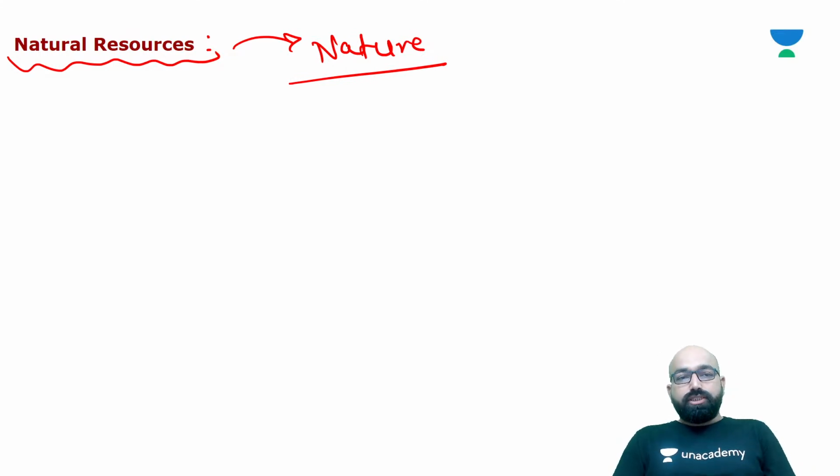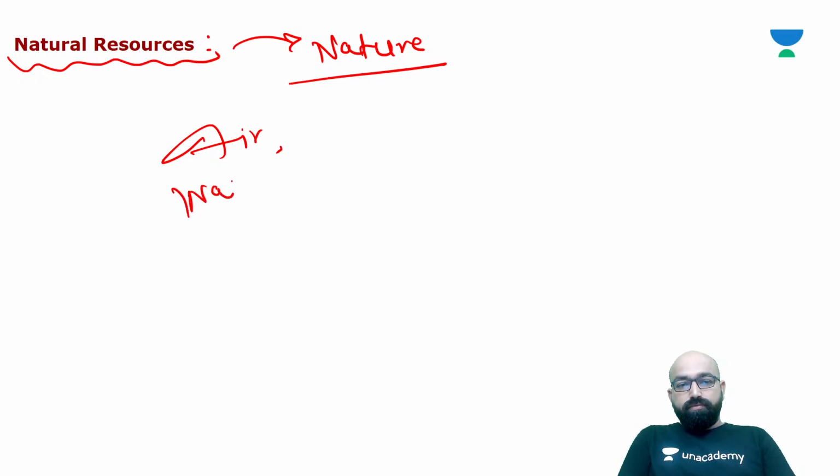So, the air we breathe, the water in our rivers and lakes, the soils, and minerals are all natural resources.